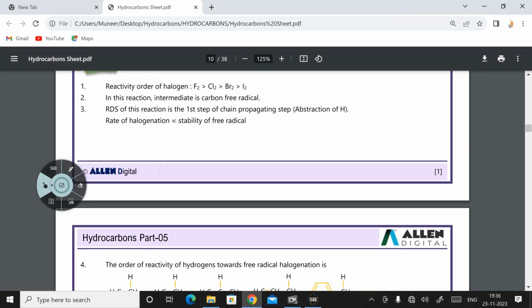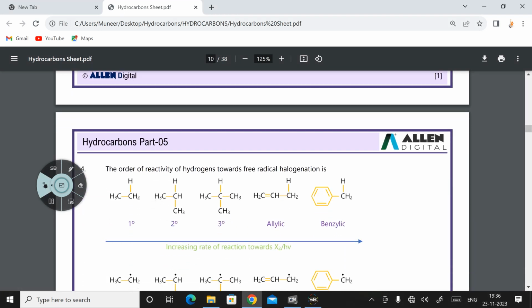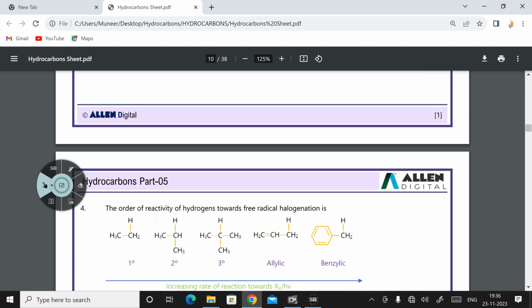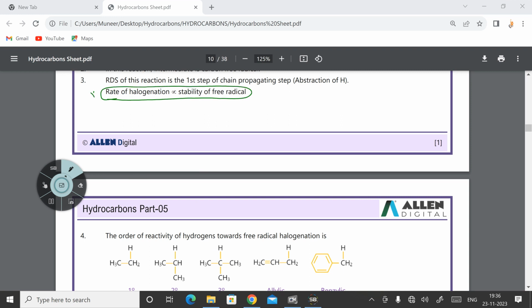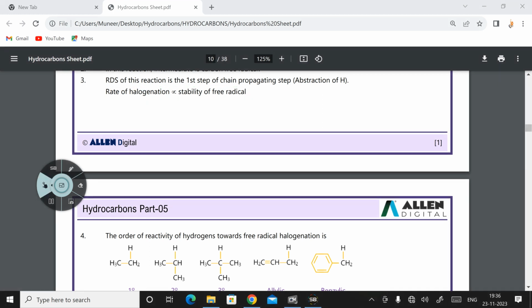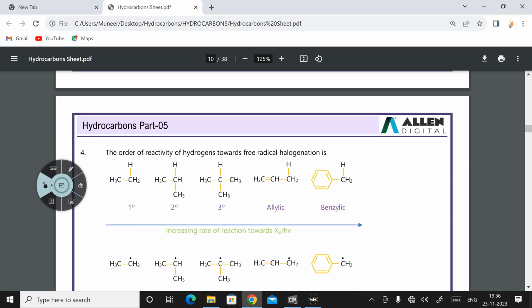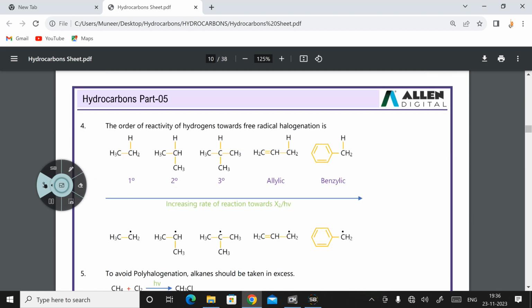Okay, so that's enough. And then see, rate of halogenation is proportional to stability of free radical. No doubt. Rate of halogenation, speed of halogenation, is directly proportional to stability of free radicals. Now, which free radical is more stable?